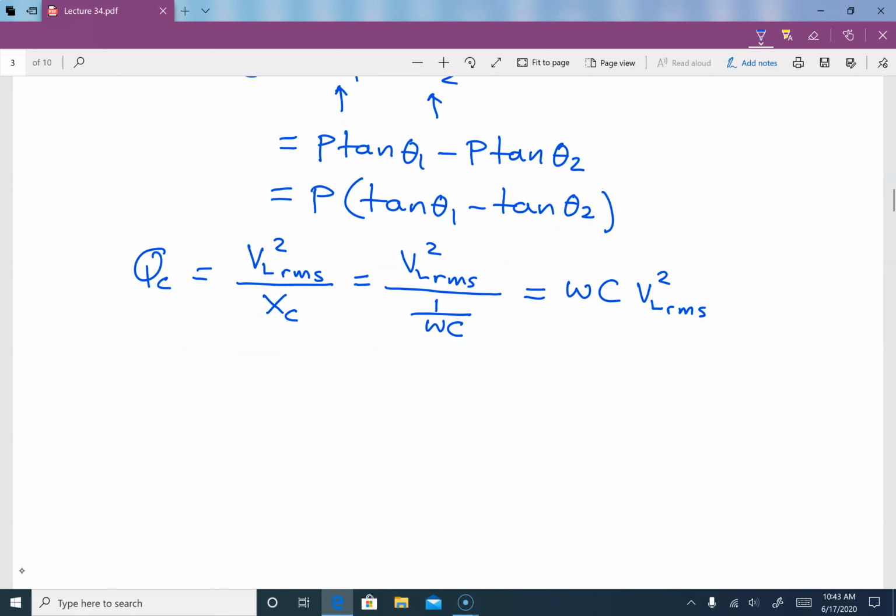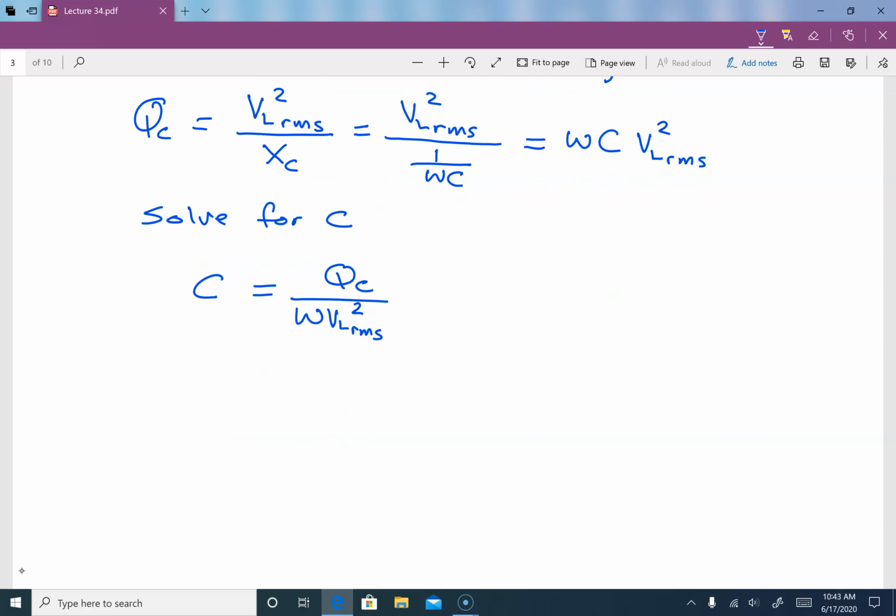So if we solve for C from this equation, we are going to get C is equal to QC divided by omega VL RMS squared.